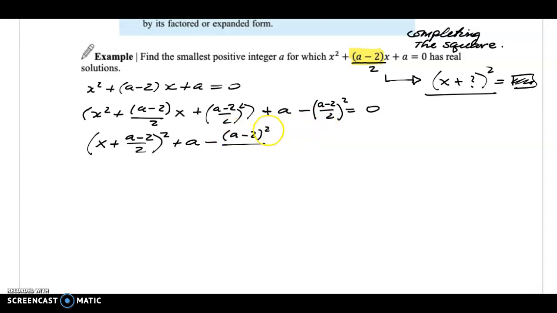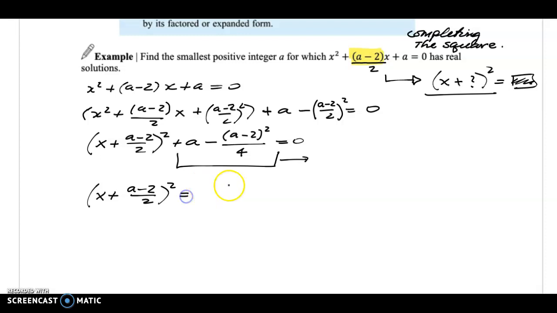The numerator is squared, so it would be over 4, equals 0. Now I put this onto the right-hand side. So I get x plus (a minus 2) all over 2, squared, is equal to (a minus 2) squared all over 4, minus a.